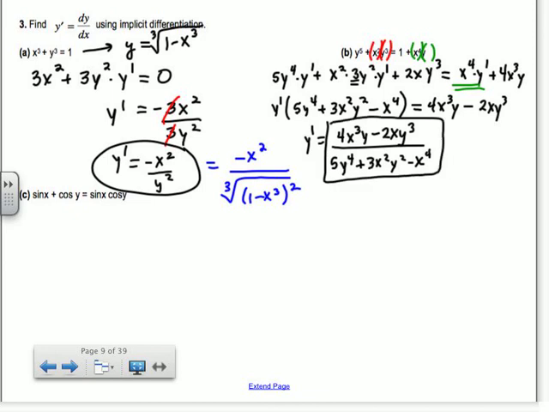All right, and then C. So derivative of sine of x is cosine of x. Plus derivative of cosine is negative sine. So since it had y in it, I write dy over dx or y prime. I'll do dy over dx this time. Equals, you have a product, so you have to use your product rule.